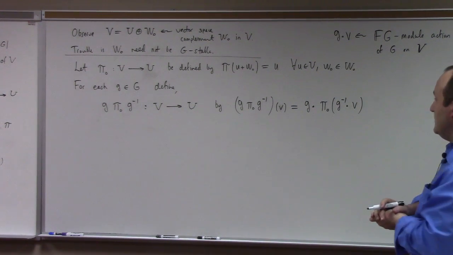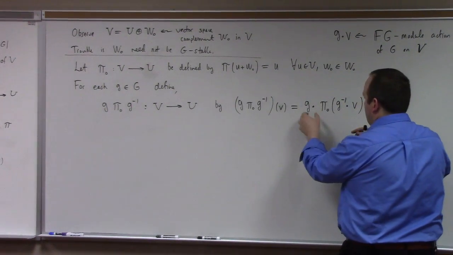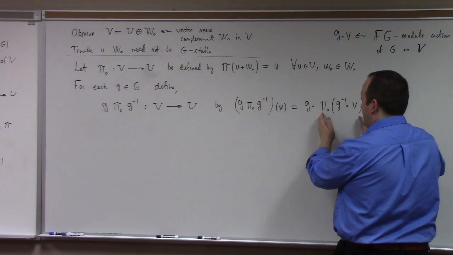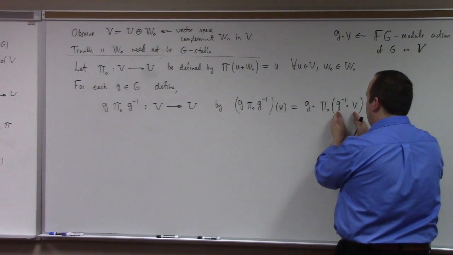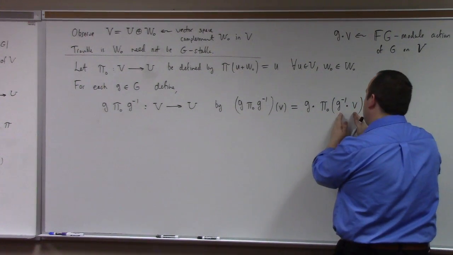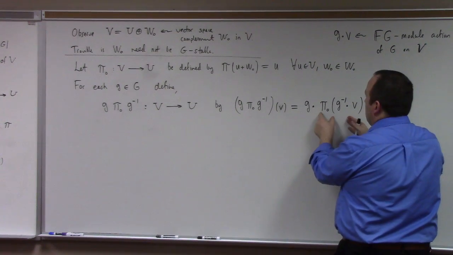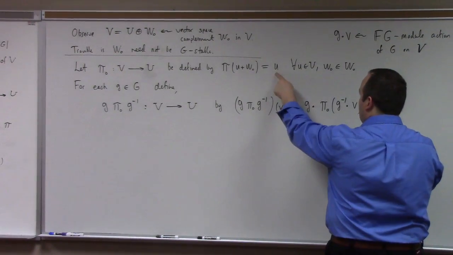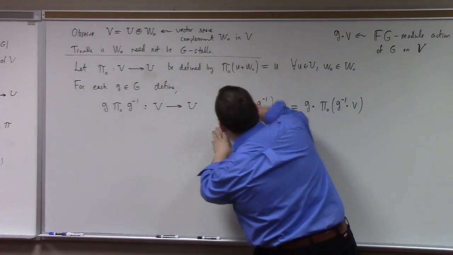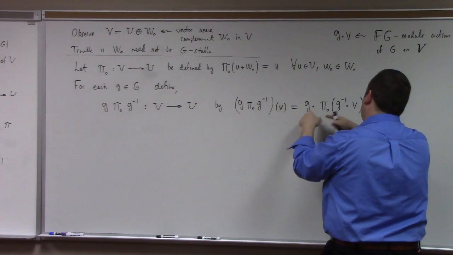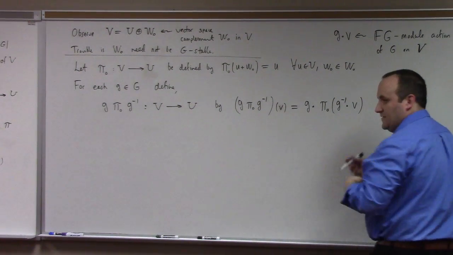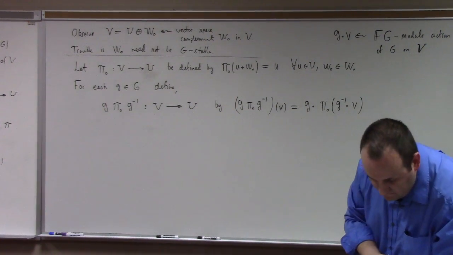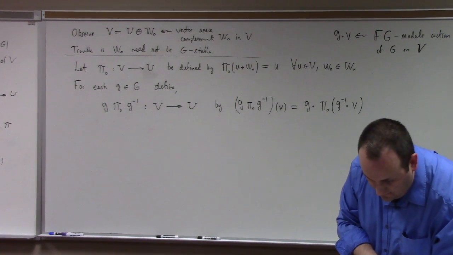V is an FG module. It comes with this module action. This is taking a group element and acting on a vector. The inverse of the group element acting on a vector gives me another vector, and then pi naught gives me yet another vector, in fact in U. That is a subset of V, so g dot that still makes sense because of the FG module action of g on V.